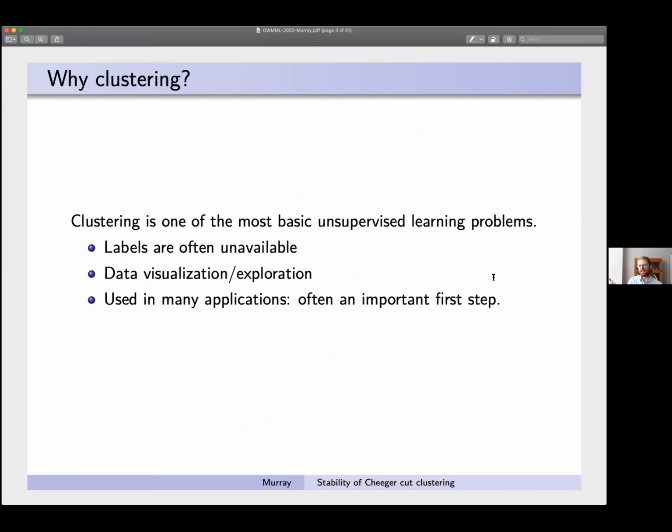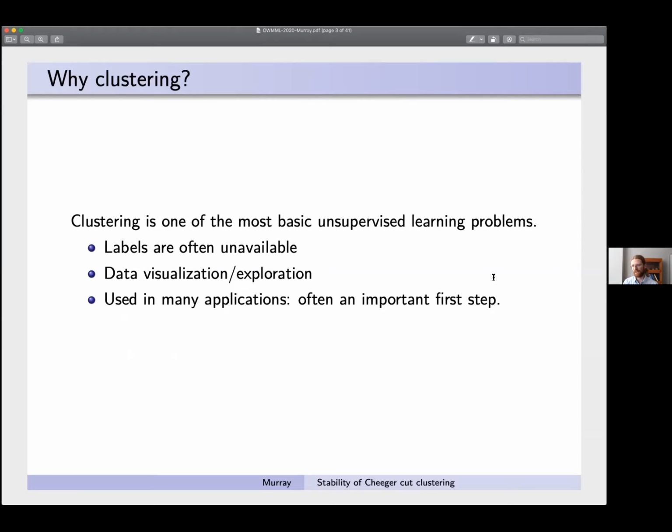So why should we study clustering? Well, clustering is the most basic unsupervised learning problem that's out there. In many cases, in machine learning or data science applications, we might not have labels for all of our data. It just might not be available. It might be expensive or difficult to acquire labels for a lot of the data. Similarly, clustering oftentimes gets used when we're doing visualization or exploration, trying to understand what's going on.